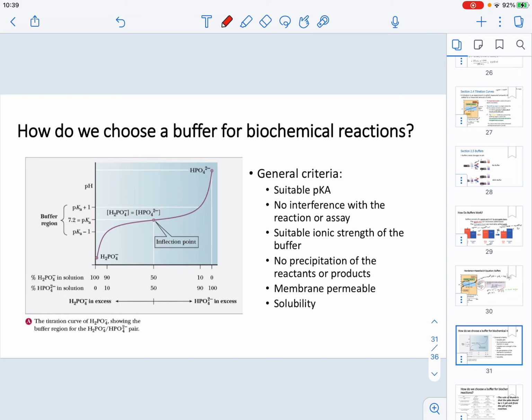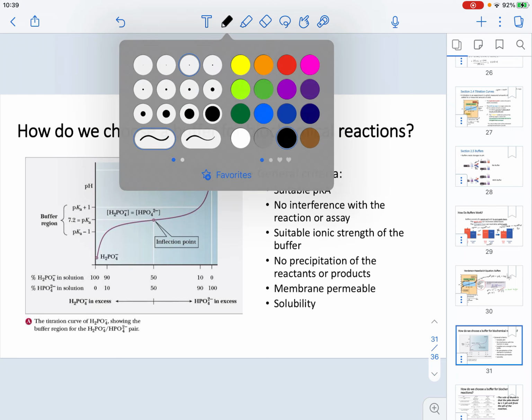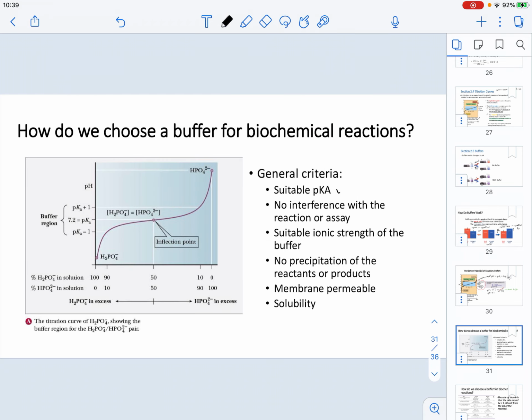So, as I mentioned before, for biochemical reactions, you need to be able to choose a buffer that will work specifically for your system. There are some criteria that need to be met. First, you need a buffer that has a suitable pKa.